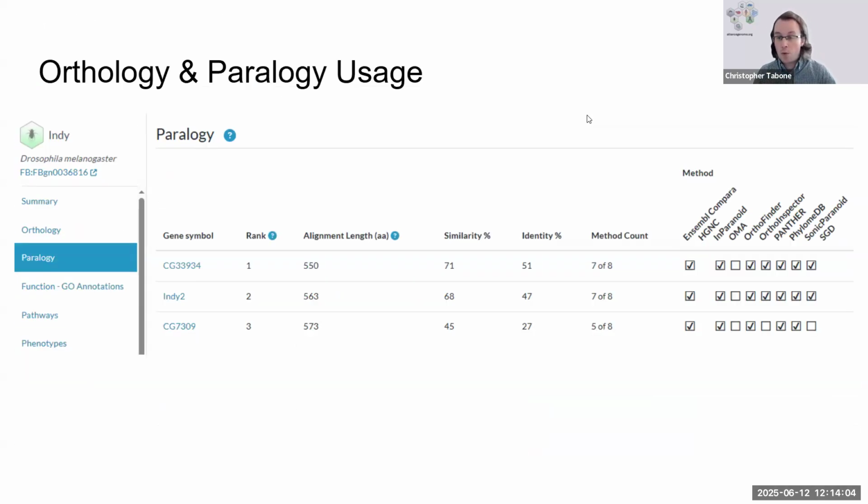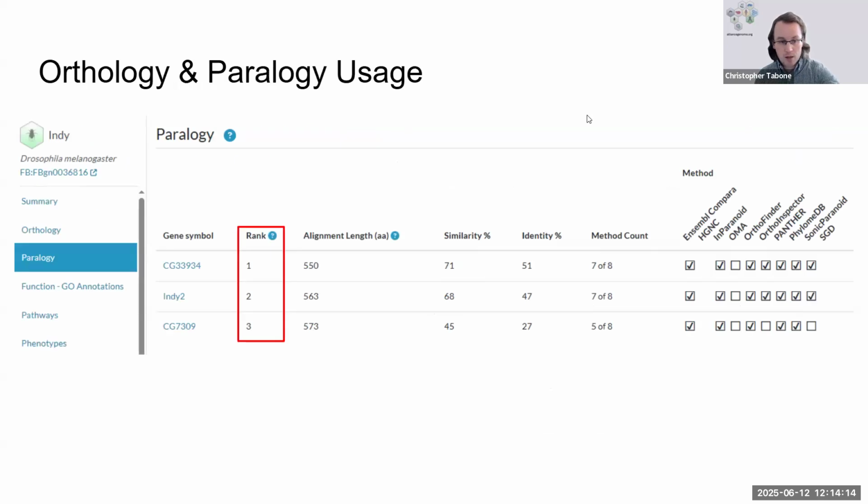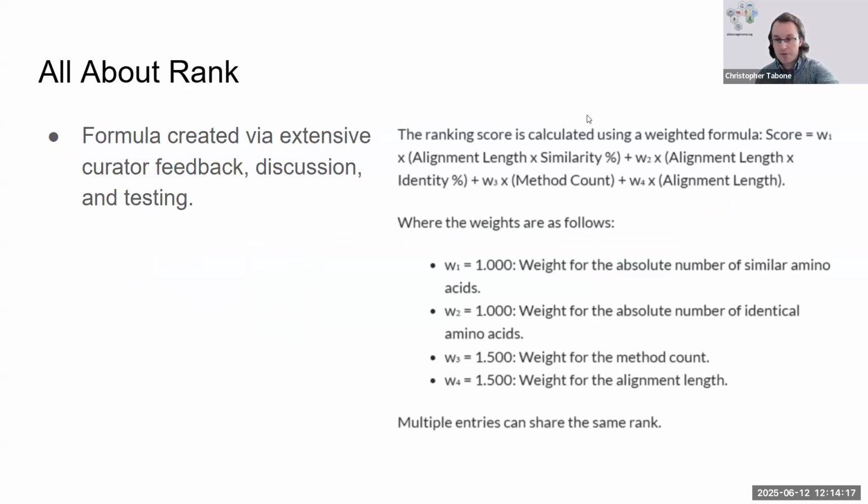Okay, I want to talk about rank because that's a bit important. This was something that we arrived at through trial and error and some feedback from curators on how to make this work. If you mouse over the rank question mark there, you can read our definition of rank.